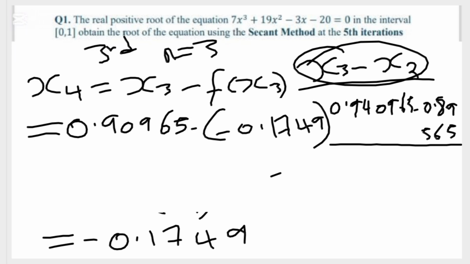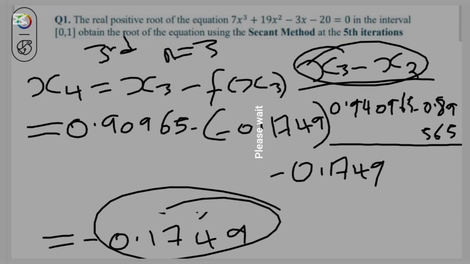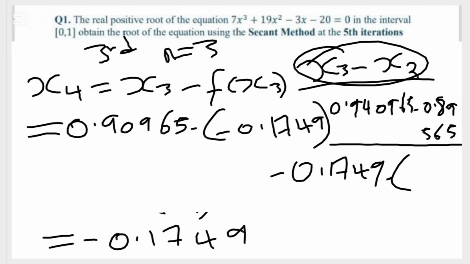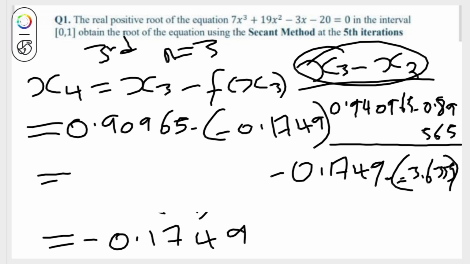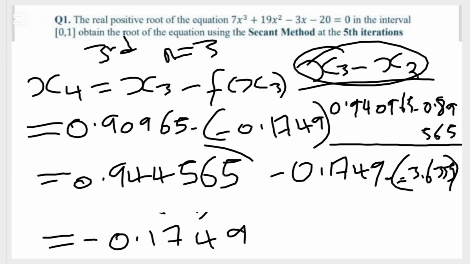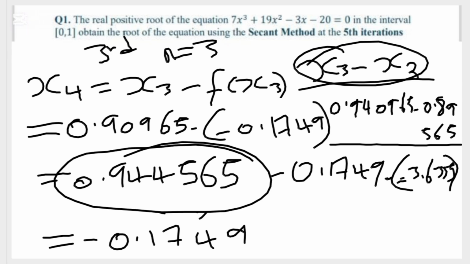So f of x3 is negative 0.1749, which is what we found here, and therefore minus the f of x2, which is negative 3.3335, so we have minus and minus here. So at the end, what should I get? This will now be equal to 0.94465 as my x4.